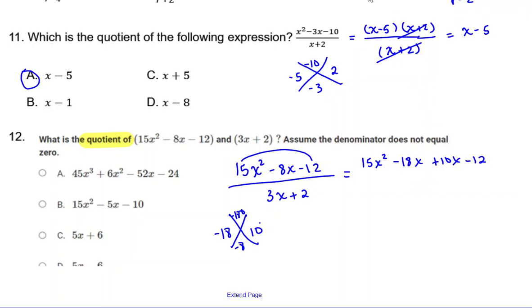And then here we can go ahead and factor by grouping. So we're going to group the first two, group the second two. GCF between 15 and 18, I believe, is 3. 3 goes into 15 and 18. And they also both have an x. So you do 15 divided by 3 is 5, and then x squared, that would be 5x, minus 6, because 18 divided by 3 is 6.